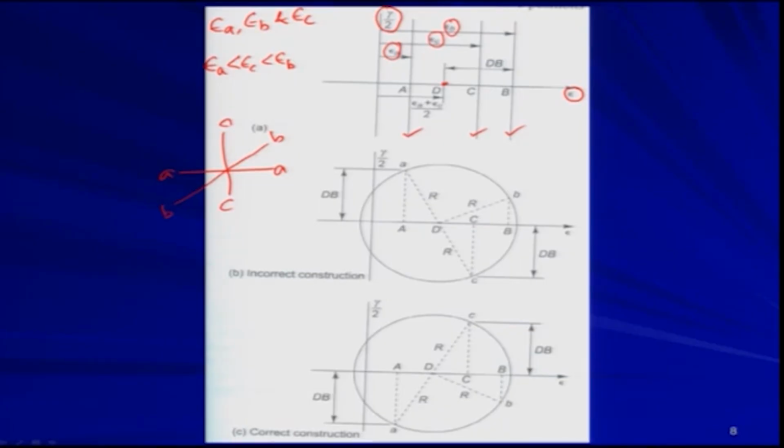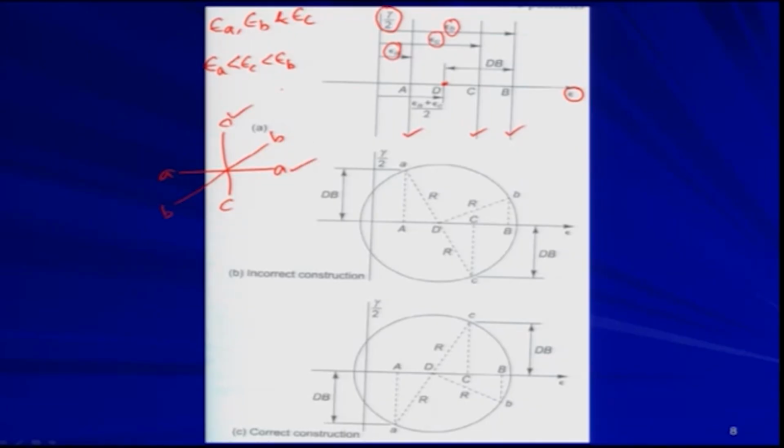So, you locate the point D which is midway between the 2 vertical lines representing the strains for the perpendicular axes A and C. Axes A and C are perpendicular.